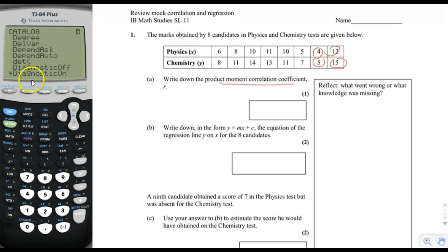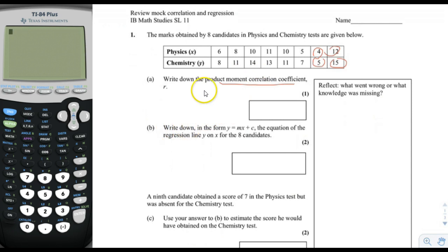Diagnostic on. Okay. All right. So now it will display the R coefficient whenever you do a lin reg.